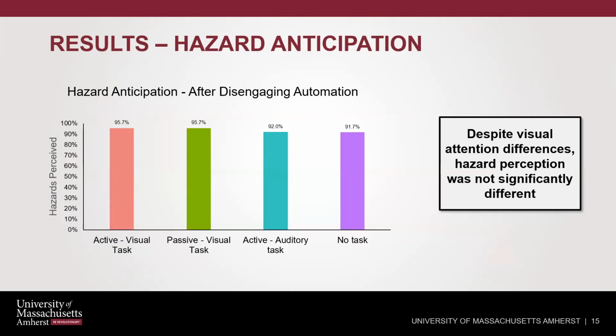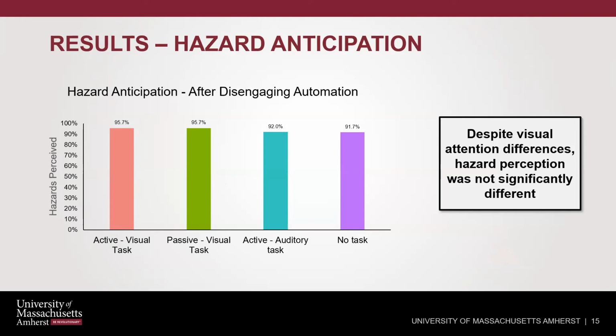Next. But the interesting thing to note here, regardless of the data that was presented on that previous slide, is that despite all those visual attention differences during the automated driving condition, the hazard perceptions were not significantly different across the board.